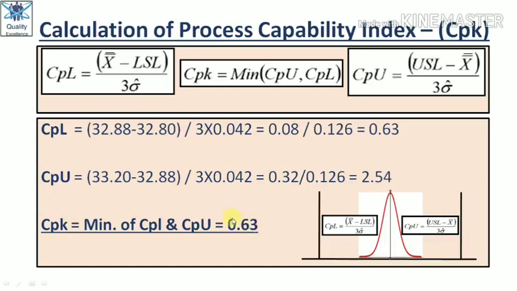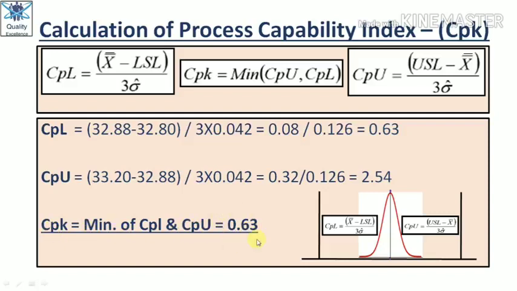And why do we consider the minimum of CPL and CPU? Because whatever is nearer to your process will be critical, and we need to focus on whatever is critical. So minimum will be critical. That is the reason why CPK is considered as the minimum of CPL and CPU.